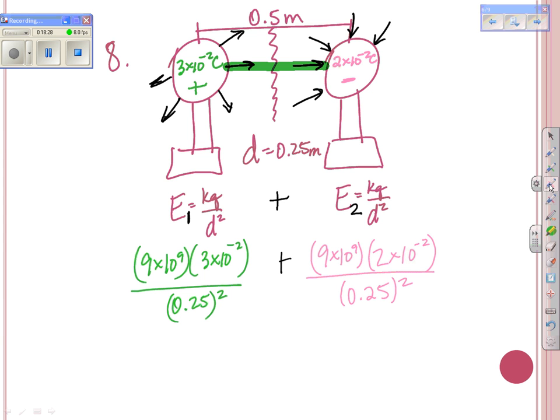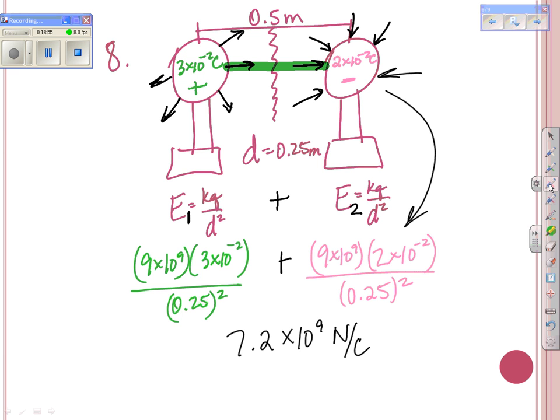Remember, you don't use the negative on the pink one in the problem, because it's just used to help you figure out which direction the vectors are going. The sign is used to help figure out direction. When we do the math, you should end up with an answer of 7.2 times 10 to the ninth newtons per coulomb for the electric field.